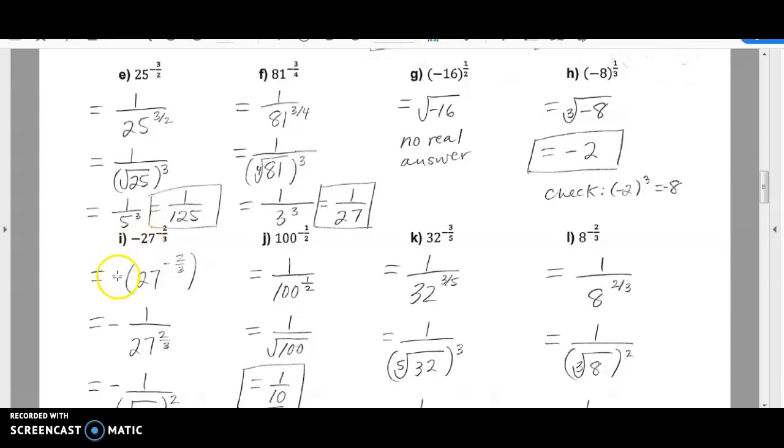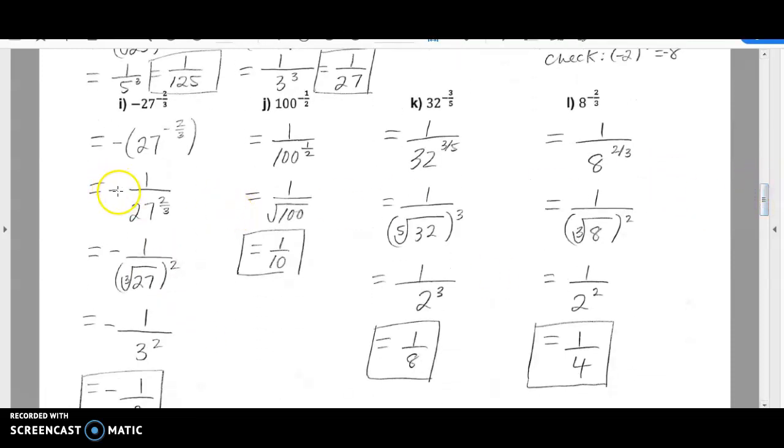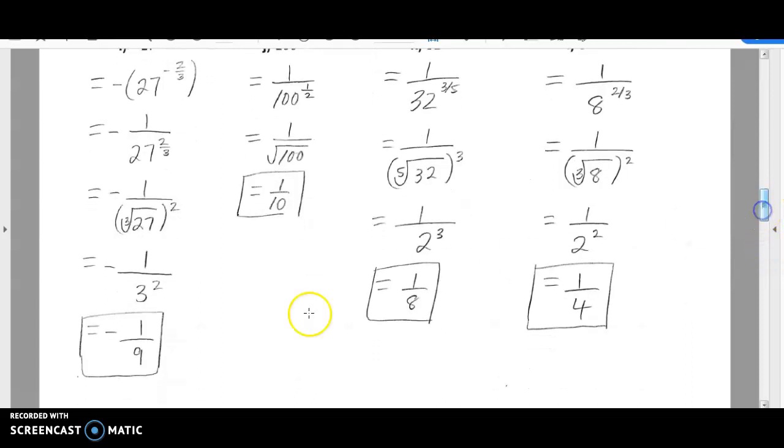So we rewrite it like this with a negative outside, and then you do just positive 27 to the negative 2 over 3. Flip the base, it becomes 1 over 27 to the positive 2 over 3. And the negative just stays on the outside there. So this becomes the third root of 27, which is 3. And then 3 squared, which is 9. And then the negative just follows along all the way down. So your final answer is negative 1 over 9.